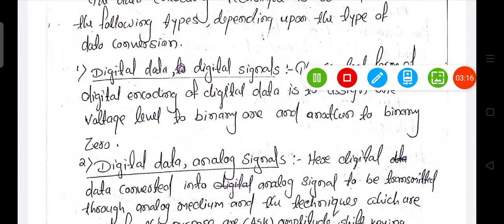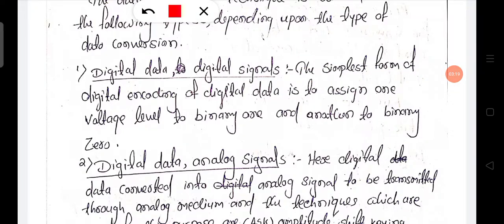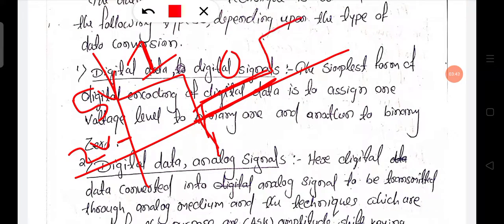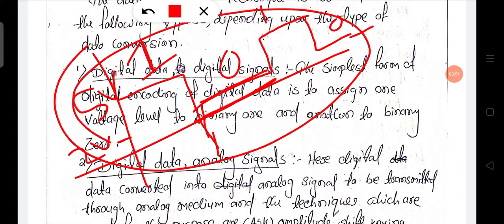Here, if this voltage level is 5 volt, we give binary 1, and this voltage level, let's say 2 volt, we give binary 0, and again 5 volt binary 1, again 2 volt binary 0. This conversion happens from digital data to digital signal.